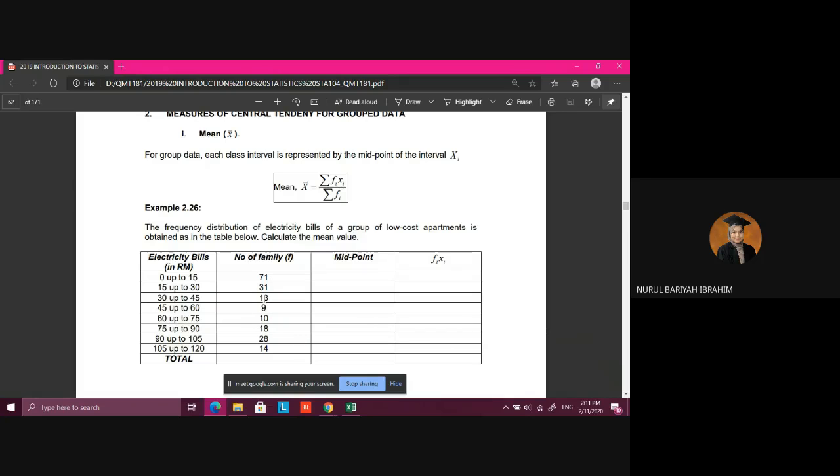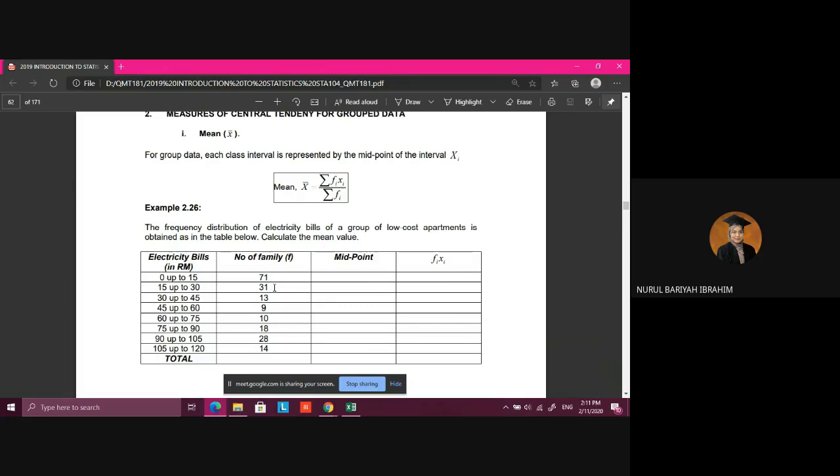Okay, look at this example. The frequency distribution of electricity bills of a group of low-cost apartments is in the table below. Calculate the mean value. According to this table, we have two columns: the electricity bills, which are our classes ataupun intervals, 0 to 15, 15 to 30, 30 to 45, and so on until 105 to 120, and the number of families, which adalah frequency.